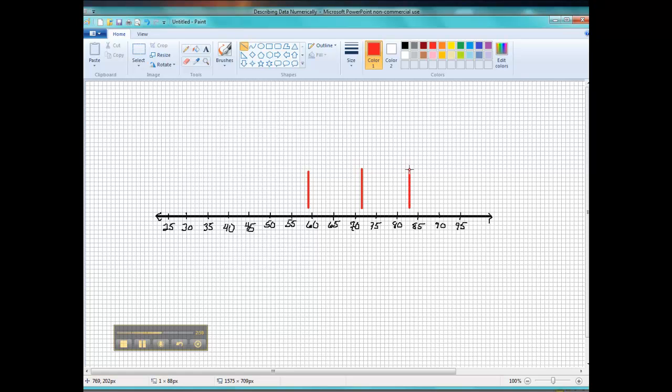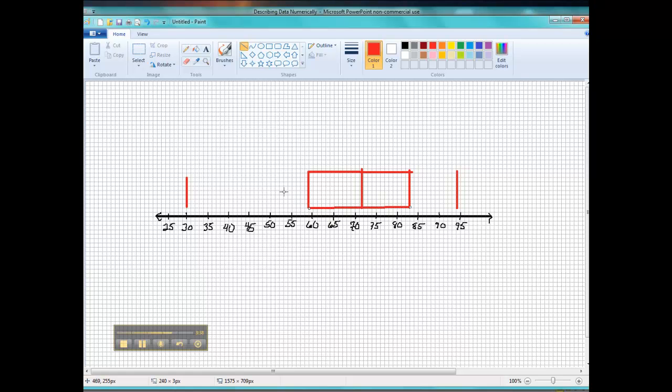Okay. Now, if we have outliers, we will put lines at our upper and lower fences, but we do not. So we're going to put our lines at our minimum and maximum values. So we have a minimum at 30, and we have a maximum at 94. Now we need to connect our quartiles and our median to make our box.